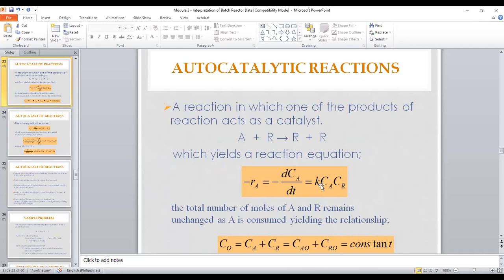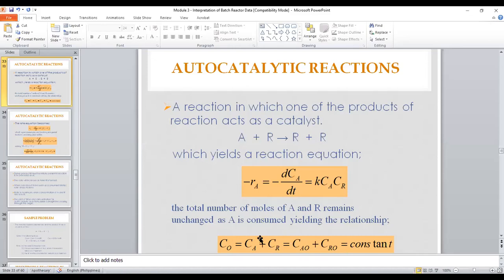The rate would be then k, C sub A, C sub R, because we have these two species on the left side of your chemical reaction. The rate of reaction of A is k, C sub A, C sub R. Now, the total number of moles of A and R, in this case, remains unchanged as A is consumed, yielding the relationship that at any particular time, the sum of the concentration of your product acting as a catalyst and your reactant would be the same.